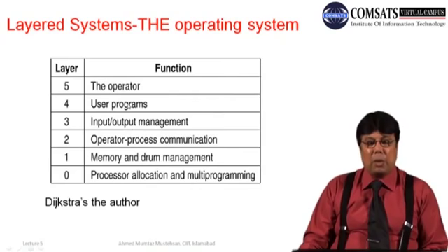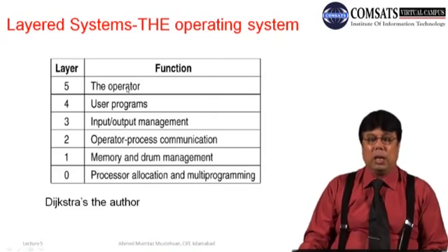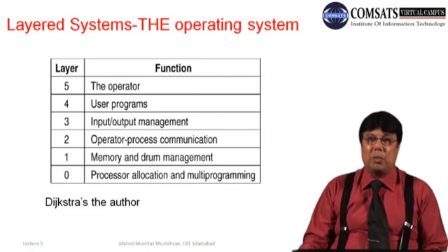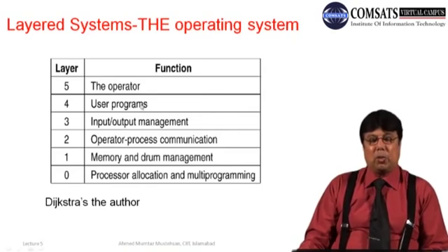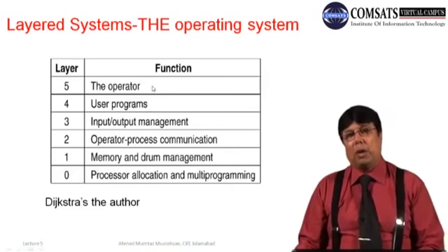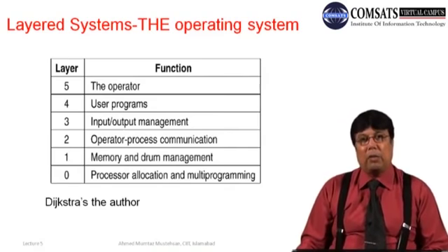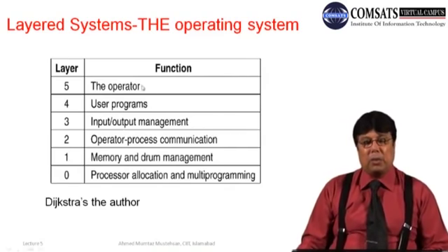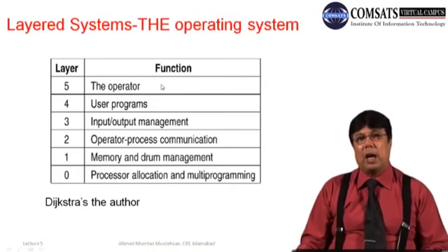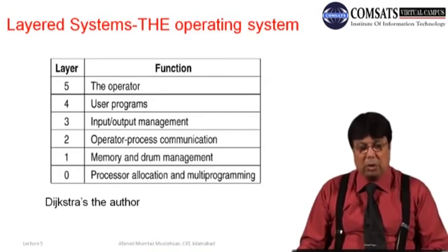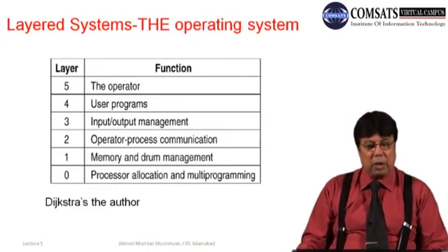Then we have the user program, and then the operator console. The operator console is basically a system console, through which the processor talks to the system. Initially we used to have persons who managed this system console, but in modern technology and later versions of operating systems, the system console is again a service that provides console services. We'll talk about it in detail later on.